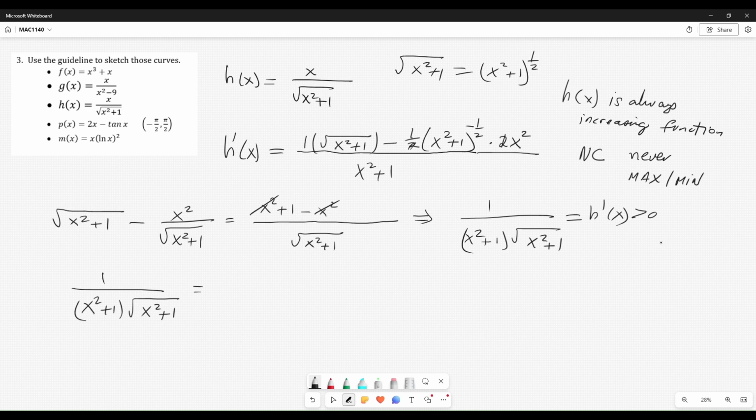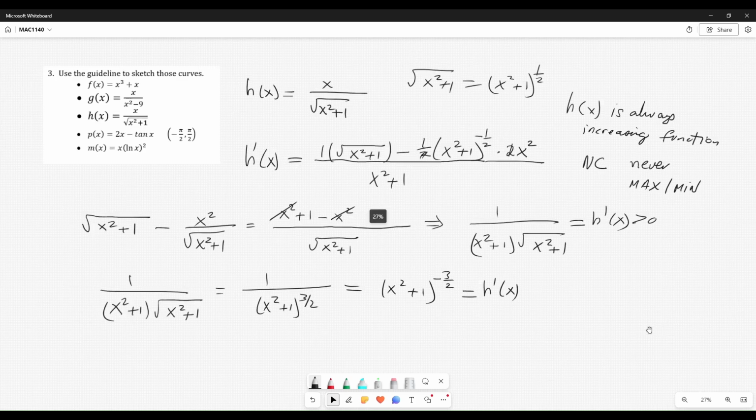Entonces it's 1 over x squared plus 1 raised to the 3/2, que is equivalent to x squared plus 1 raised to the -3/2. Okay, this is the equivalent of the first derivative, but it's easier to compute the second derivative. Let me try.